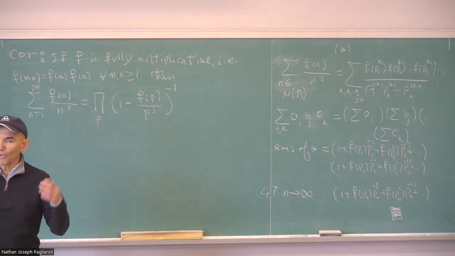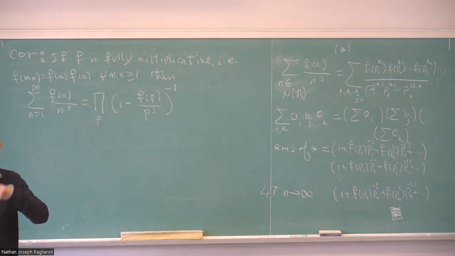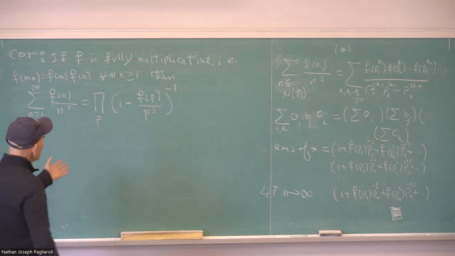That's the formula that I wrote in the first lecture. I used a little c for this f. I said if it is a fully multiplicative function, then we have this identity.